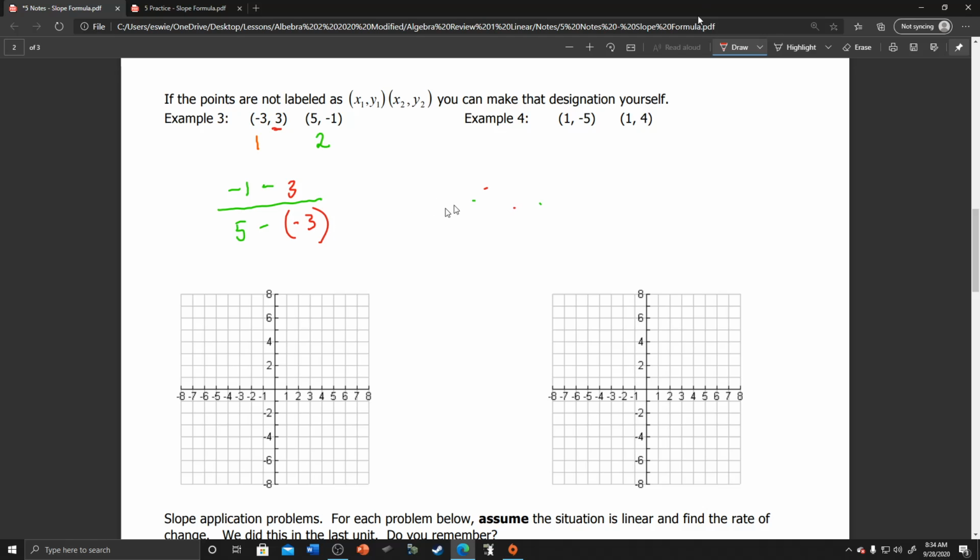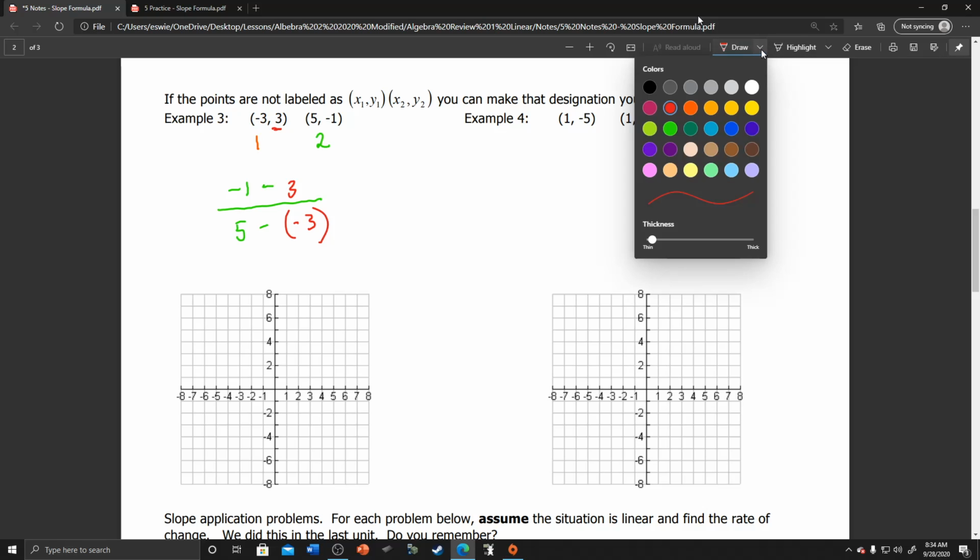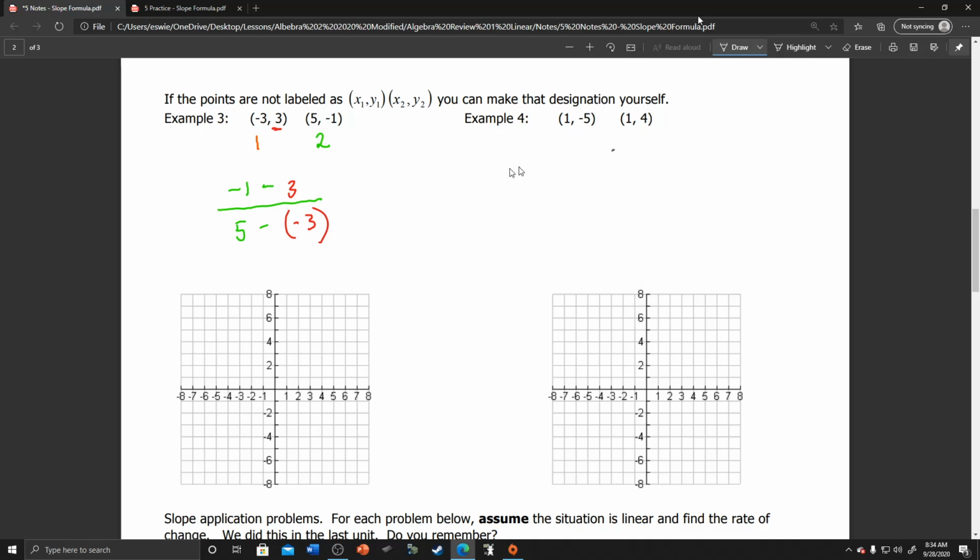Notice how I put that in parentheses. It's always good to be very careful with negatives in this class, as we will find out. This is going to be equal to -1 minus 3 is -4, and 5 minus -3. Okay, wait a minute. Minus -3 is going to be positive. So this is going to be 5 plus 3, which is 8. Now, that's fine, but you should really reduce that to -1 over 2.